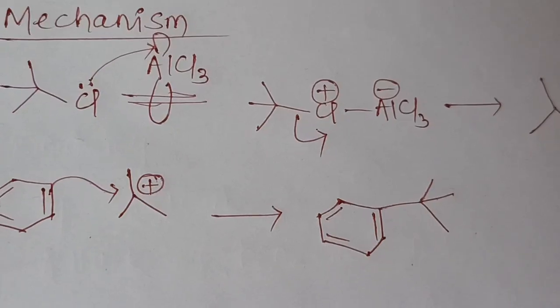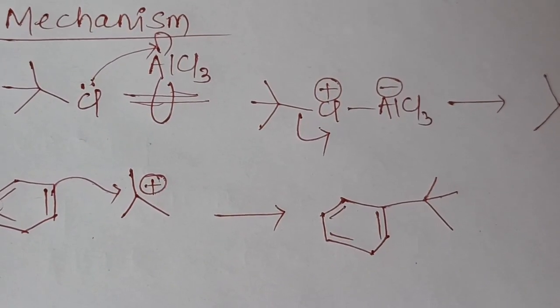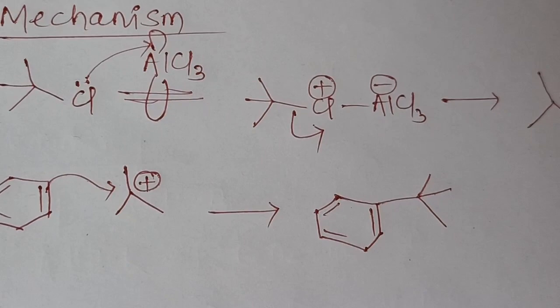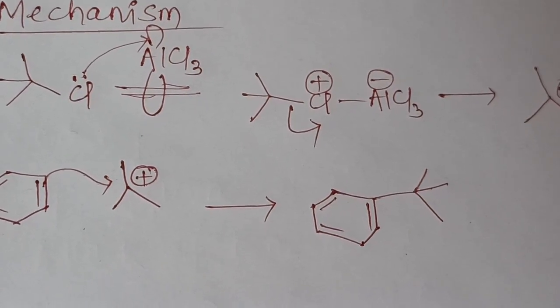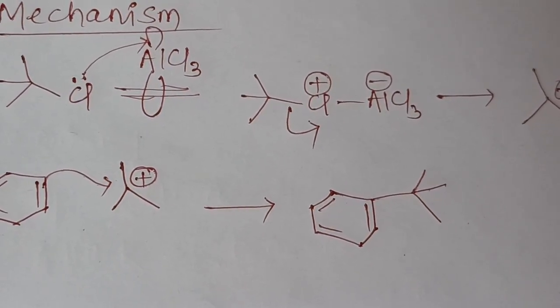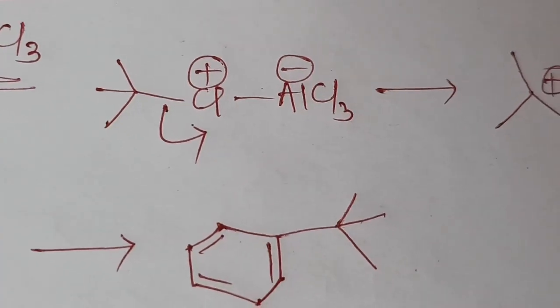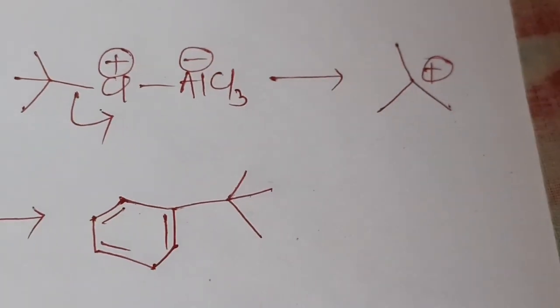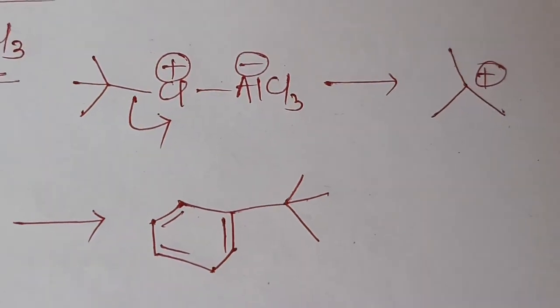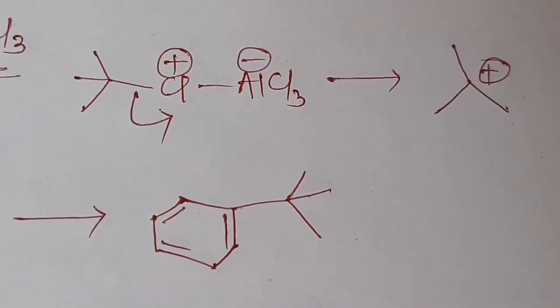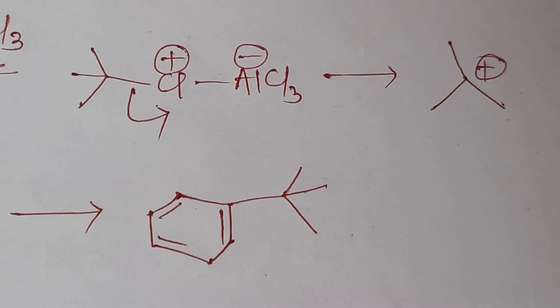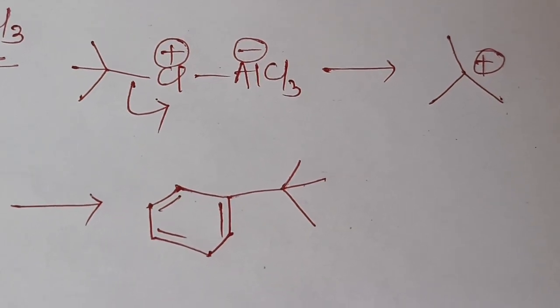First is generation of the electrophile. Aluminum chloride is a Lewis acid, so it has a vacant p orbital and accepts a lone pair from chlorine, then forms this complex by leaving AlCl4-. This is the formation of the carbocation, which is very stable, the tertiary butyl carbocation.